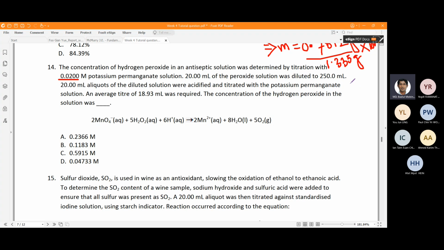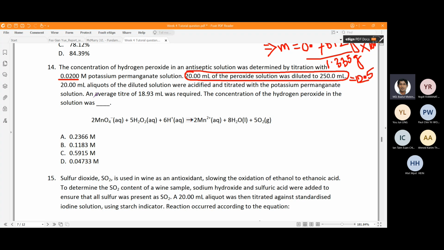That means 12.5 times dilution, right? So 20 milliliter was diluted in this, so it is 12.5 times dilution factor.